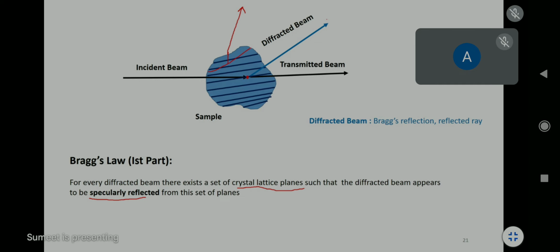Suppose this is the plane from which it gets diffracted, and it will appear as a reflected beam. What I wanted to convey is that the diffracted beam will appear as a reflected beam, and that reflection will occur from a particular set of planes. Bragg understood from his experiments that this diffraction in different directions is due to the different planes which are there in the sample.